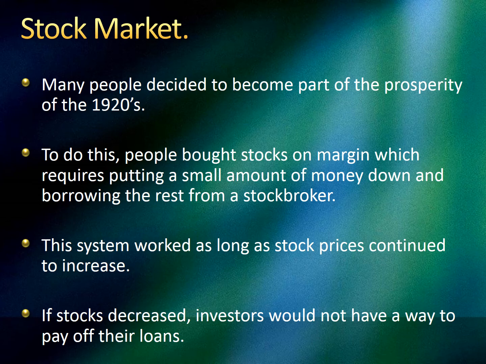So to do this, people bought stocks, or portions. Stocks are basically pieces of a company that you can buy and gain income from, depending on how well the company does. They began to buy stocks on margin, which requires putting a small amount of money down and borrowing the rest from a stockbroker. So I could put $10 down and then borrow $100 more from a stockbroker. Now I have to pay that $100 back.